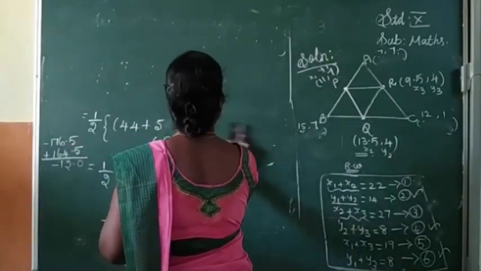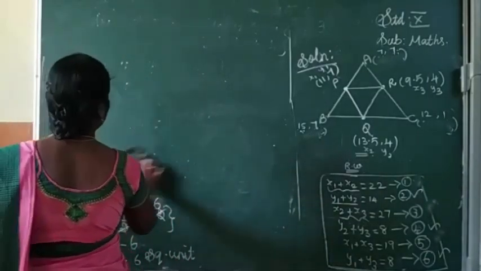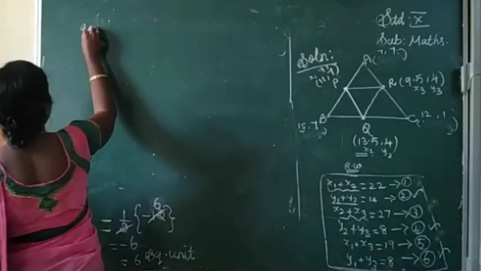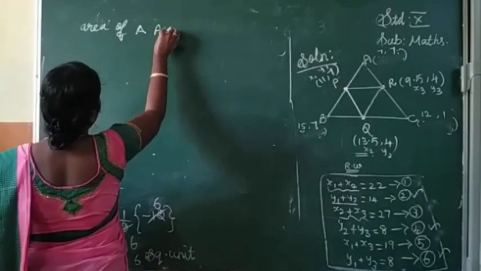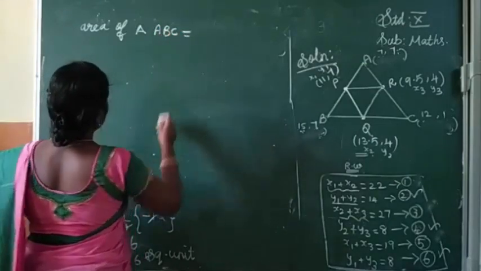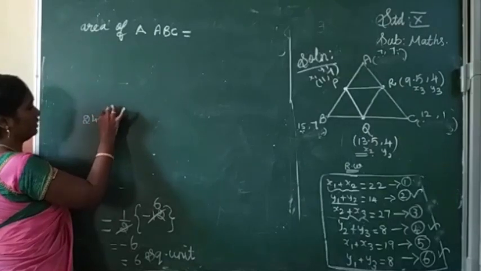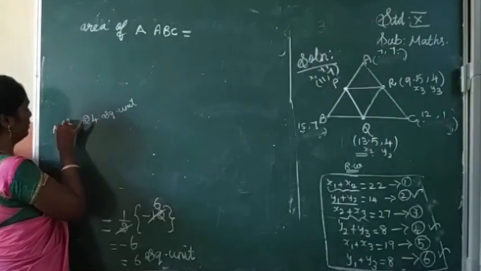Finally, they told to compare the area of triangle ABC with area of triangle PQR. So write, area of triangle ABC is 24 square units. This is ABC value.